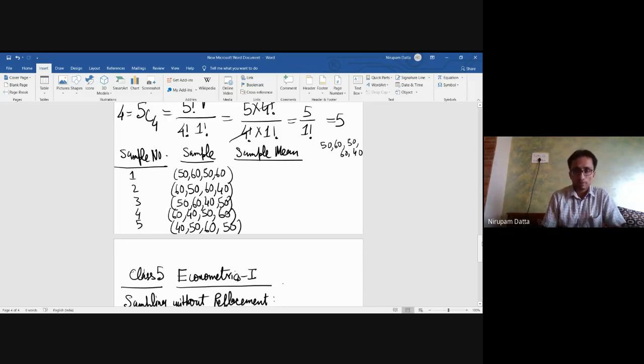So now we have to find the sample mean, that is the average of these 4 numbers. For the first sample, what is the average? 50, 50, 100, then plus 120, 220. So this is 55. Sample mean is 55. Second sample 60, 40, 100, 60, 50, 110. So 210 divided by 4, 52.5.